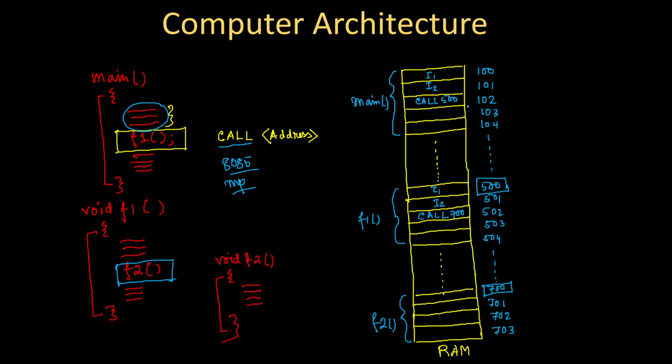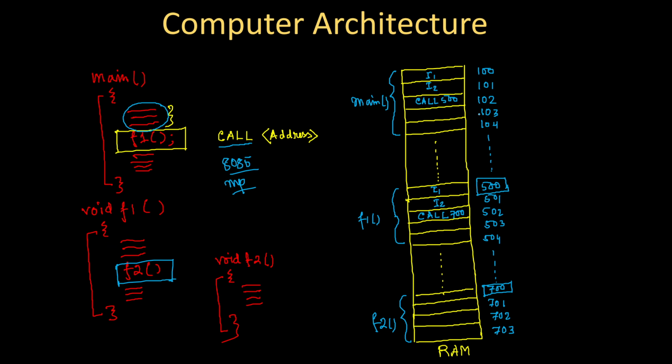That means when the instruction at address 102 is executing, the program counter contains 103, because it expects the next address. The instruction will now be taken from the next address, that is 103.